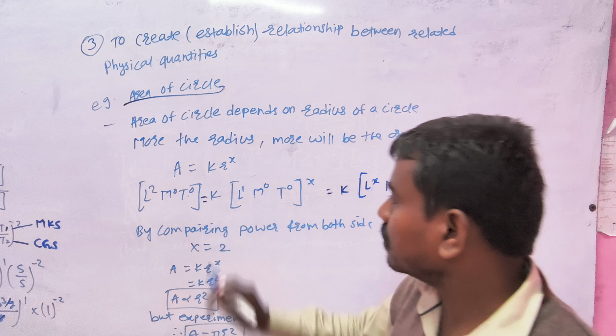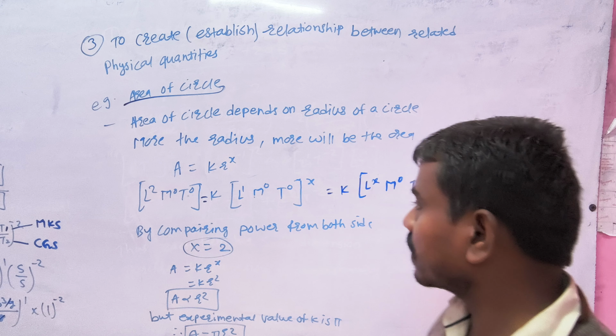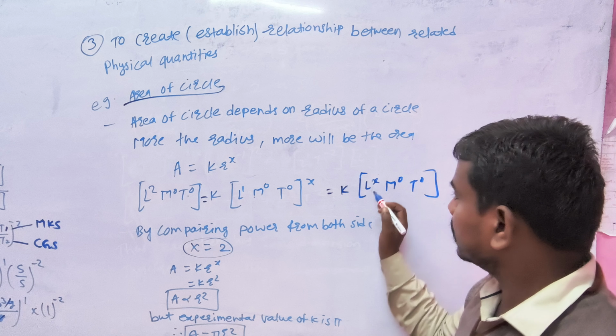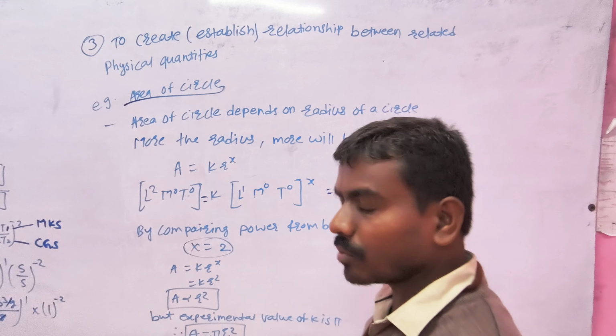From these two equations, we directly write x. By comparing power from both sides, L to the power 2 and L to the power x, that means x is equal to 2.